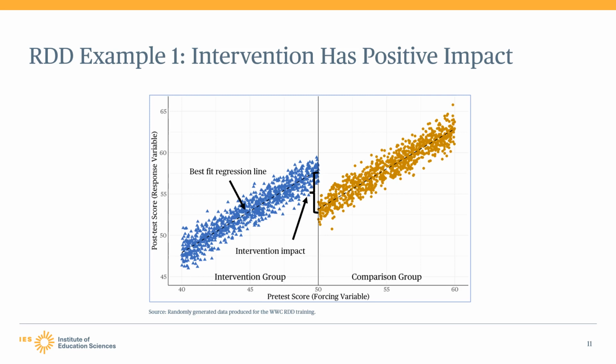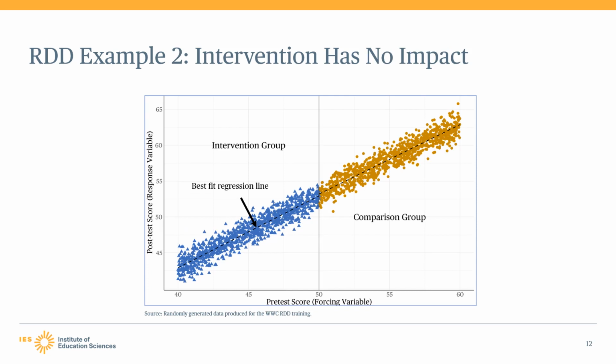Then the discontinuity between those regression lines at the cutoff value of 50 represents the intervention impact estimate of interest. In the example shown here, the intervention has shown a positive impact given that the intervention group participants have higher mathematics follow-up test scores than the comparison group participants, right around the cutoff value of 50 on the forcing variable.